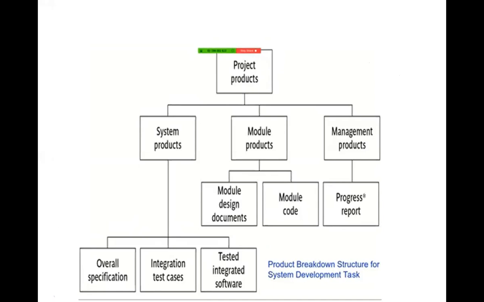So we have to split the project products into some system development tasks. Here system products are split into three types: overall specification of the system, integration test cases, and tested integrated software. Integration test cases mean we include some combination of software to integrate in the integration test cases.